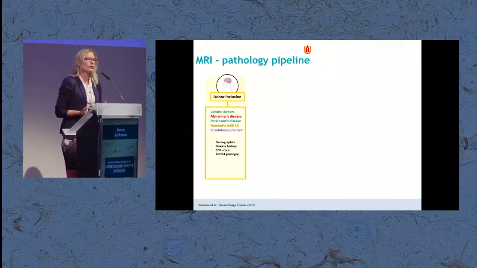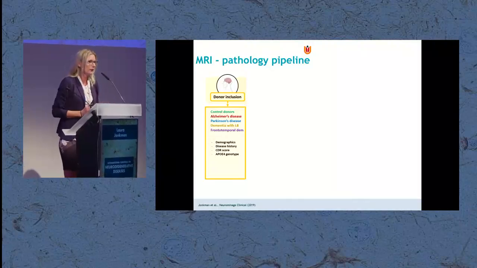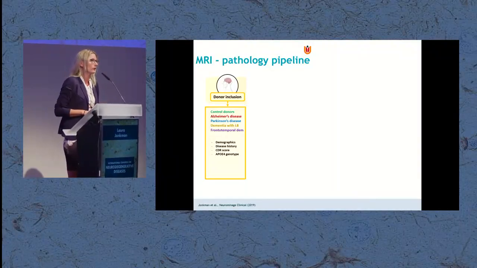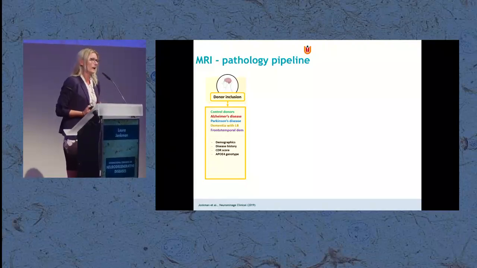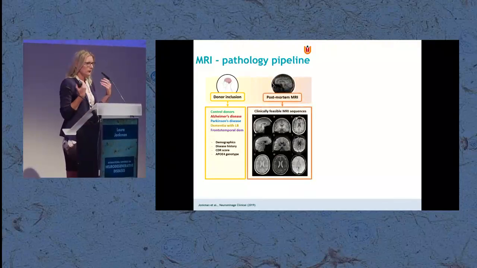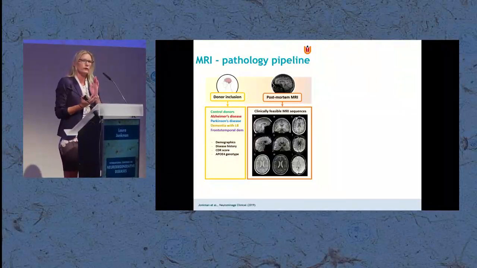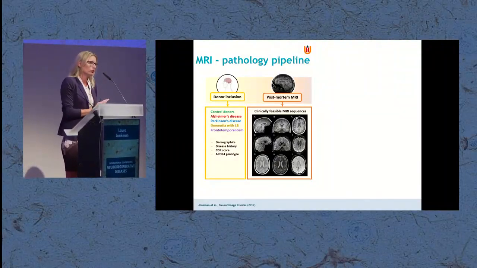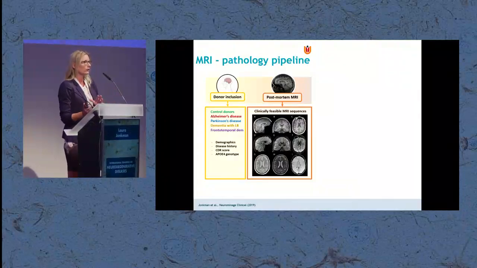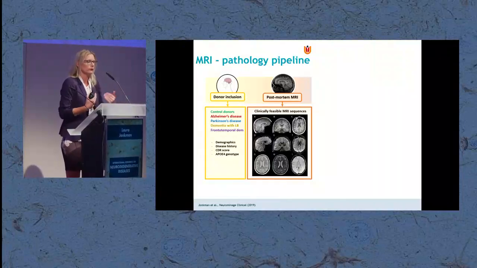After they pass away, we get a phone call, and we immediately head towards our University Medical Center and first perform an MRI, an in situ MRI. In situ meaning the brain is still in the cranium. Only a few hours after death, we go to the radiology and perform the MRI, and all the MRI sequences are very similar to the in vivo situation, because our aim is to translate back to the living situation, to be able to translate our insights.